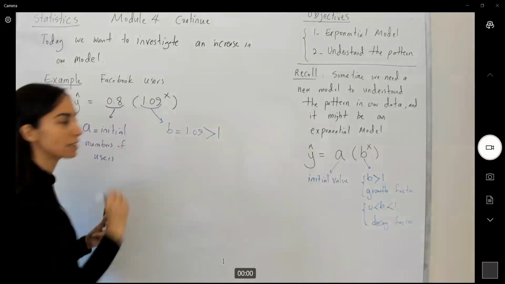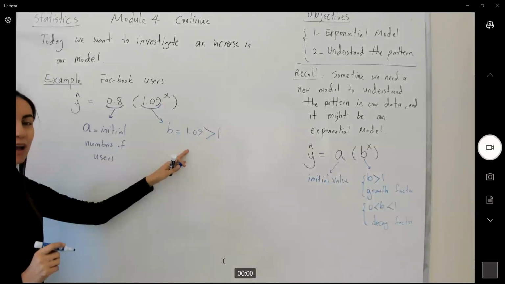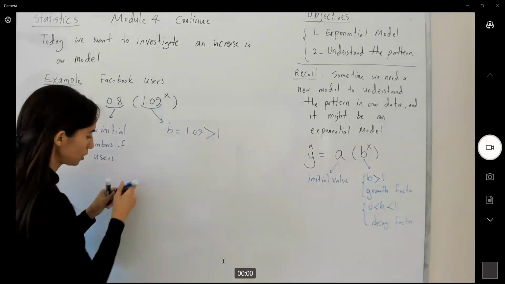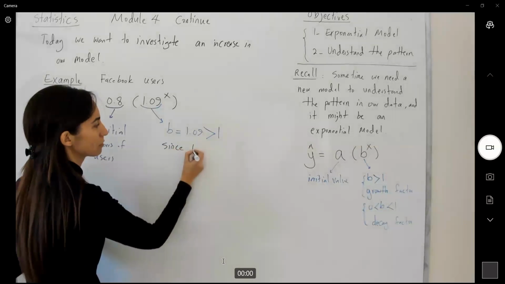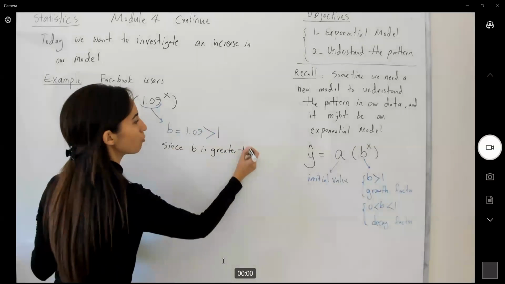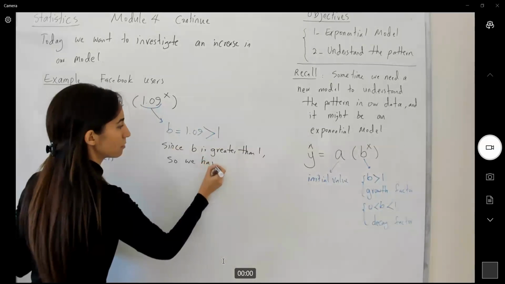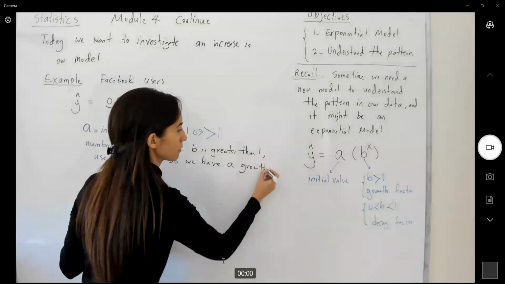Since B is larger than 1, it means that we expect an increase in our pattern. So you can write: since B is greater than 1, we have a growth factor.